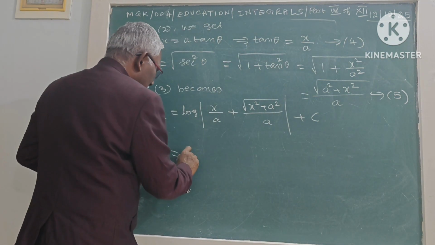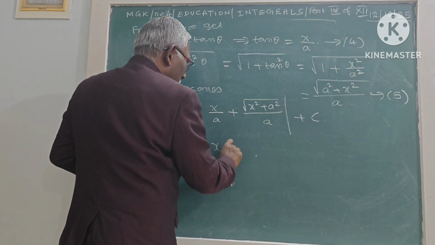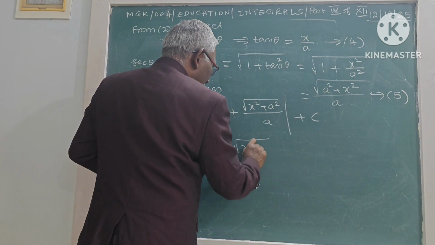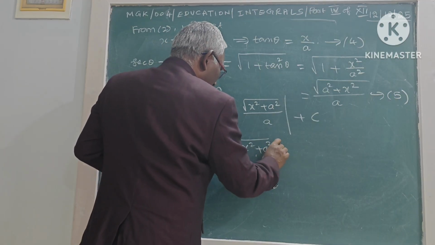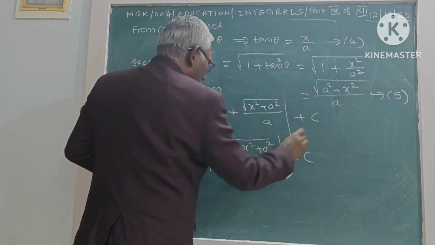So here we can write log of x plus square root of x square plus a square by a plus constant.